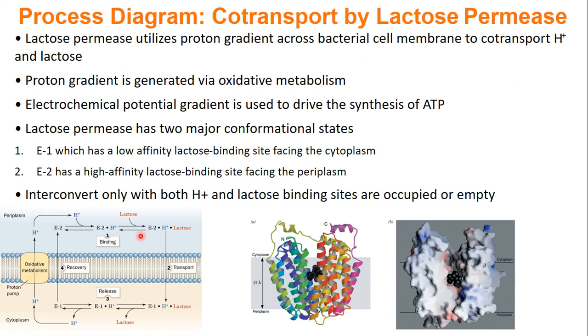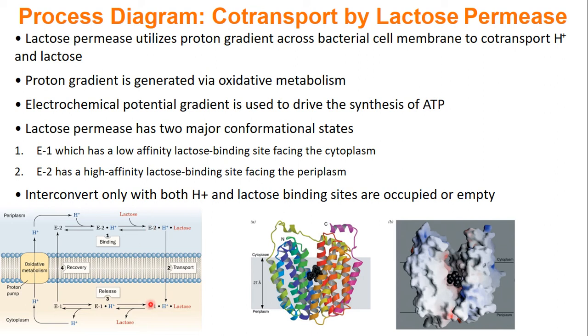Well, the lactose permease, again, has two different forms, E1 and E2. This is no different than the other types of transports we talked about. So E2 will bind this hydrogen to make E2 hydrogen. This E2 hydrogen form binds lactose, and you'll get this high energy intermediate.